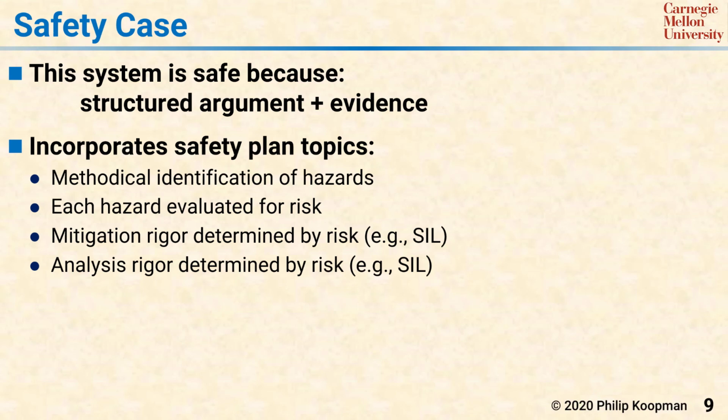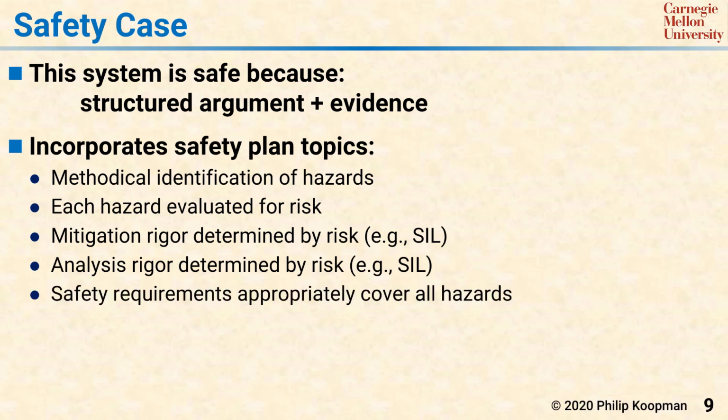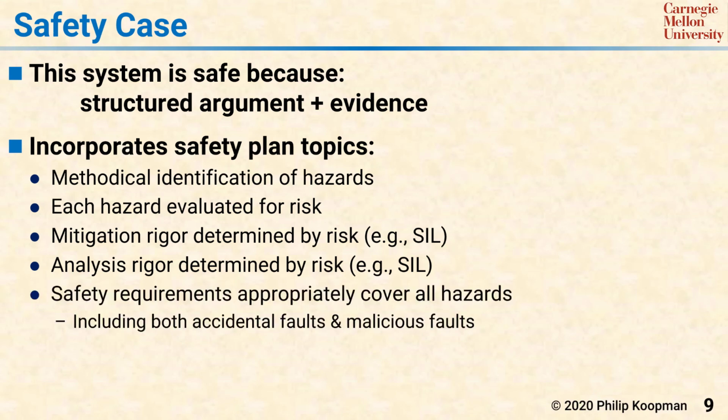Additionally, it must be shown that the safety requirements appropriately cover all hazards, including hazards arising from design faults, operational faults, and even credible malicious faults depending on the system context. Because malicious faults can and do occur in the real world, this means that the safety case has to link with a suitable security case at the very least.